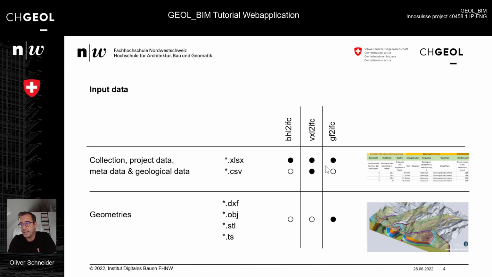In general, the data is prepared and collected in Excel files, and the data in there is a collection of different boreholes or voxel information, the project data, metadata, and then, for borehole and voxel, also the geologic data in the Excel, with one exception for voxel.